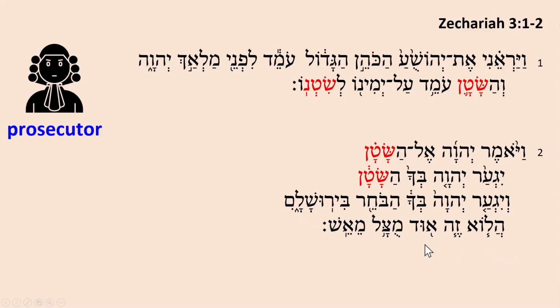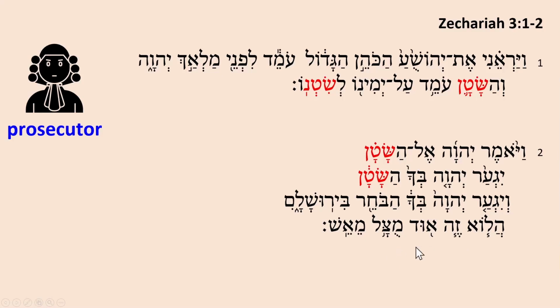Halo ze ud mutzal me'esh. Halo ze, question mark, interrogative hey, is this one, meaning Joshua, is this one not a burning stick, a firebrand, some translations say. Is this one not a firebrand, mutzal, from natsal, to deliver, this is hofal, passive.